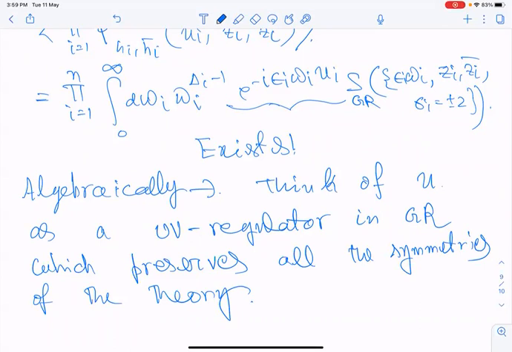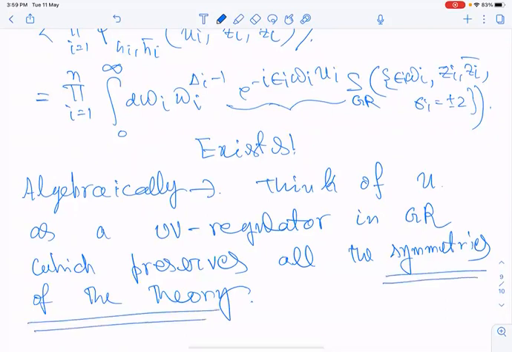I will do that at some point, when I will be talking about the HV amplitudes. In that case, you can think about the U as some ultraviolet regulator, and the good thing about it is that it preserves all the symmetries of the theory. All the symmetries means both global and local, which I will talk about in the next lecture.